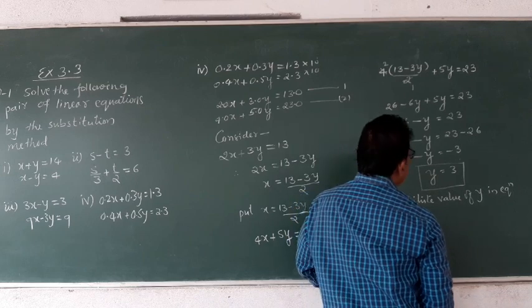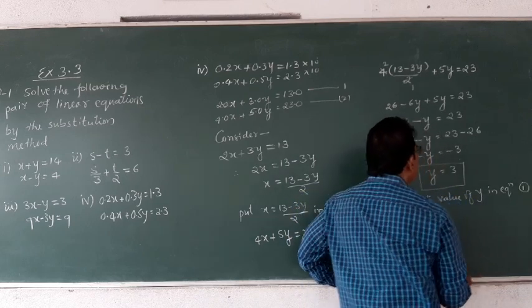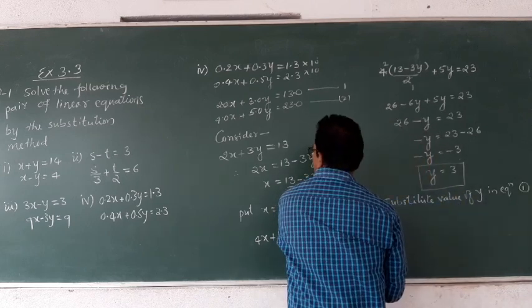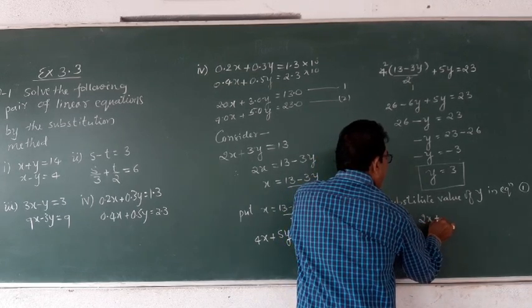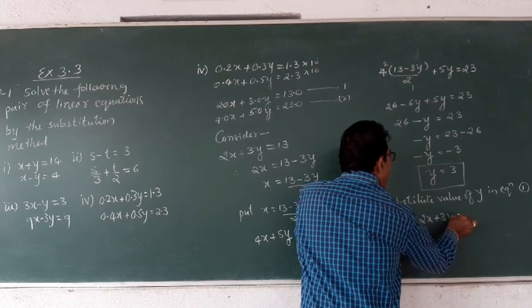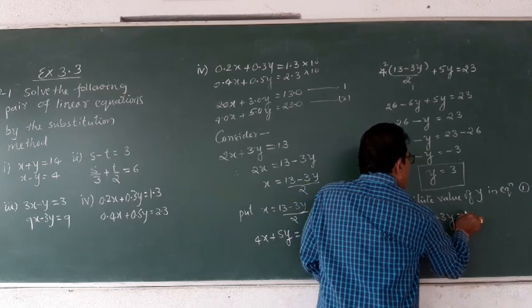In equation first, let us take the first one, that is 2x plus 3y equals 13.